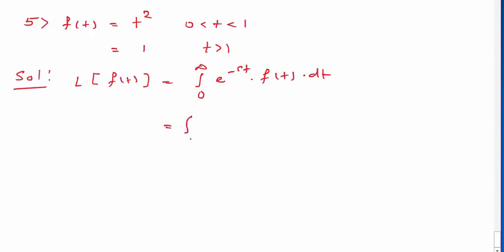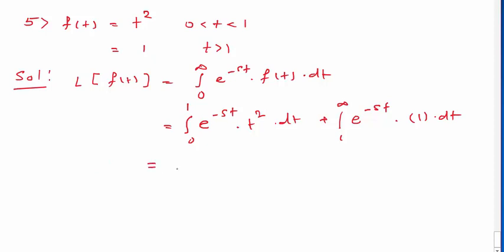This will split in two parts. One is 0 to 1, e power minus st into t square dt, plus the second is 1 to infinity, e power minus st into 1 dt.